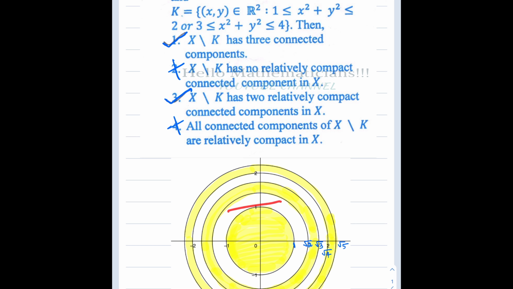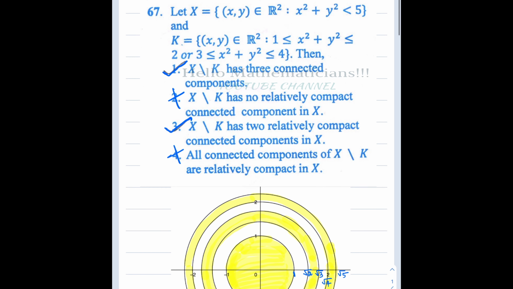Both inequalities should be true, so the points lie outside the circle of radius 1 and inside the circle of radius root 2. You will get this white color region.